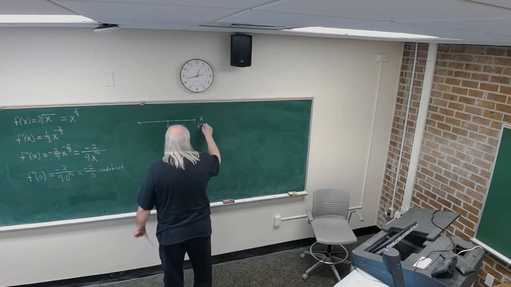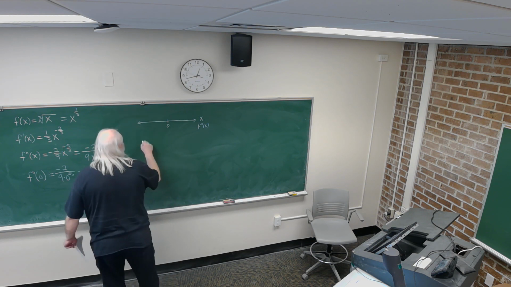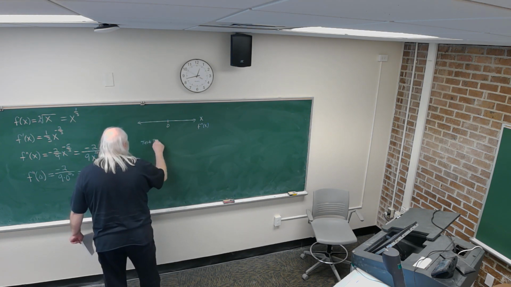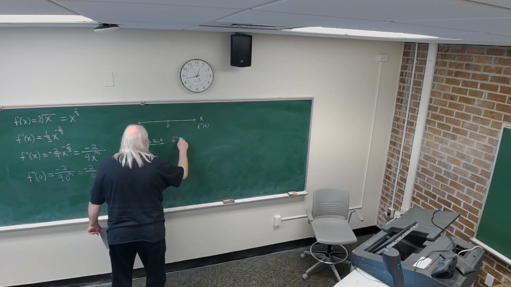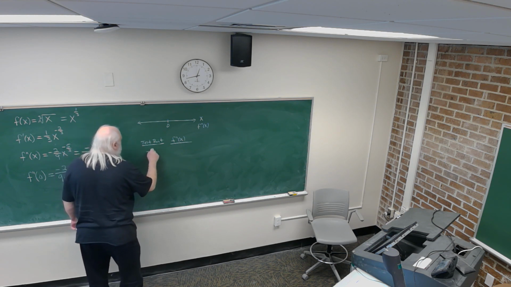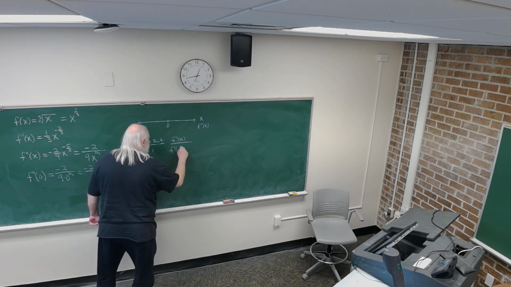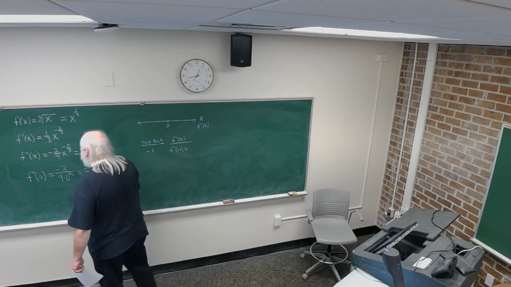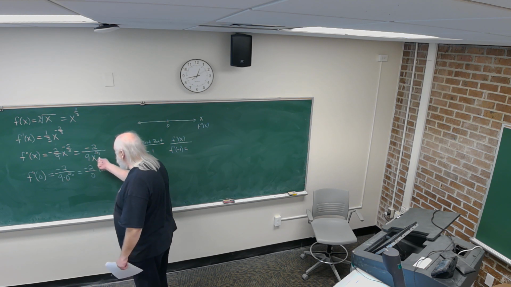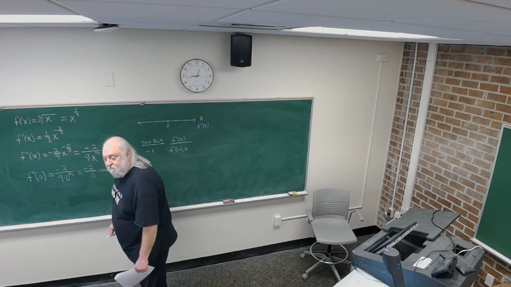So you've got to do the test point method again on the second derivative. For x less than 0, you use -1. The second derivative evaluated at -1. -1 to the 5/3 power is going to equal what?